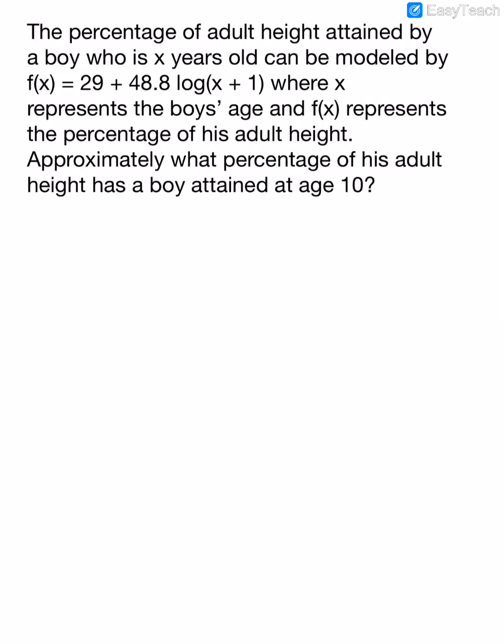So first of all, before we can plug this in the calculator, we need to replace the variable with a number. So we have 29 plus 48.8 log of x plus 1. Well, it tells us that x represents the boy's age. They want us to find out what percentage of his adult height he's attained at age 10.